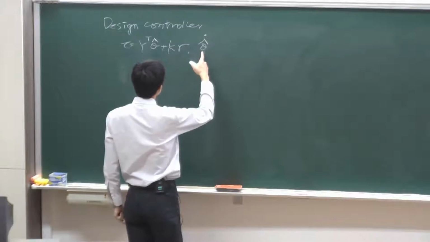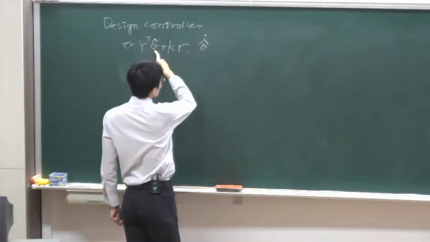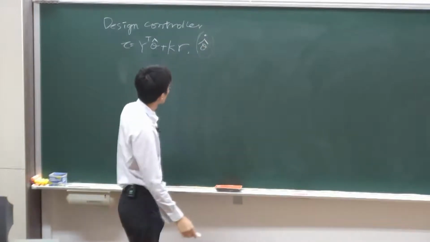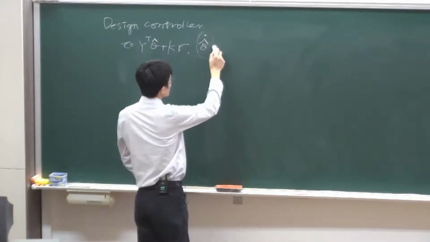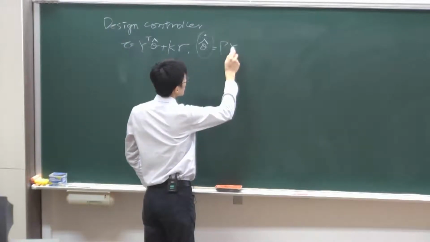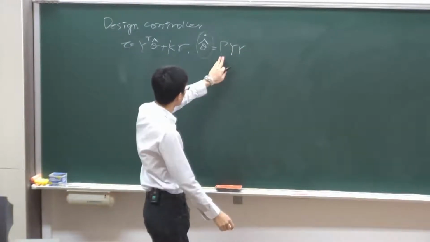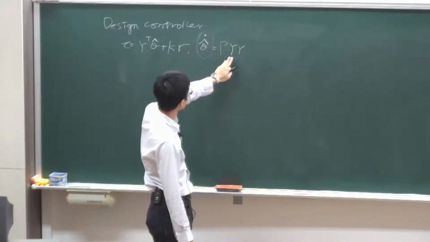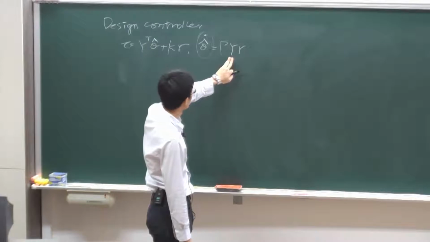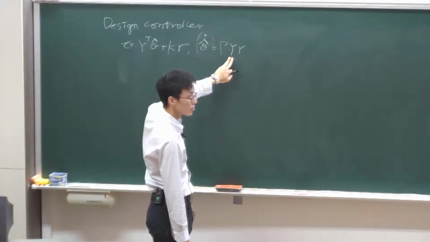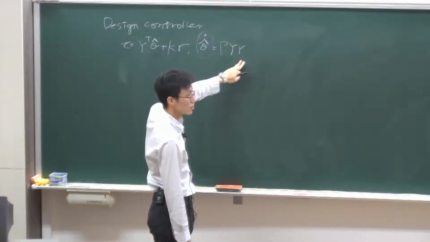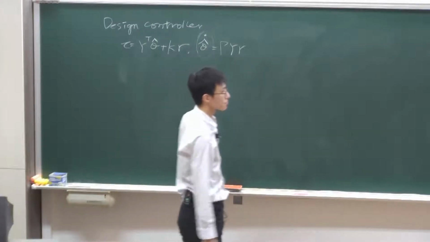And so you have to learn the dynamics, which is theta hat dot, and this is designed to be a gain times the regression matrix Y and R, the tracking error signals.